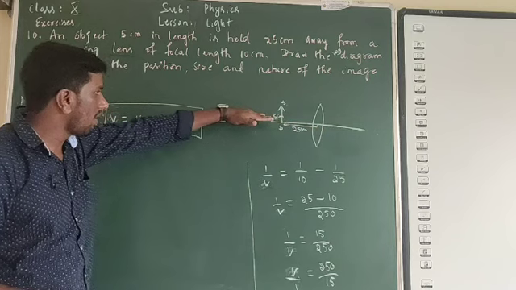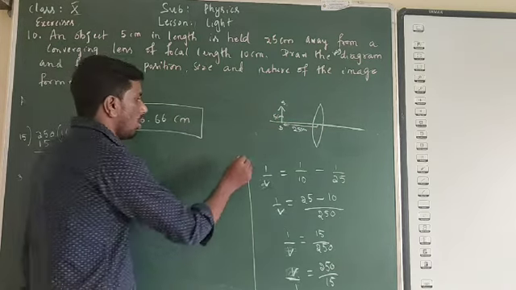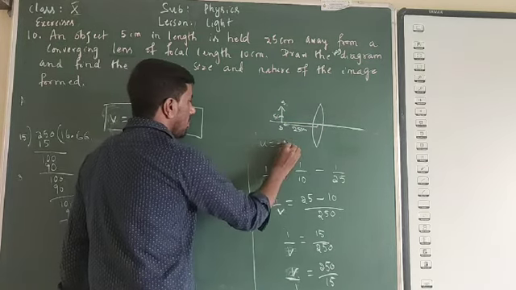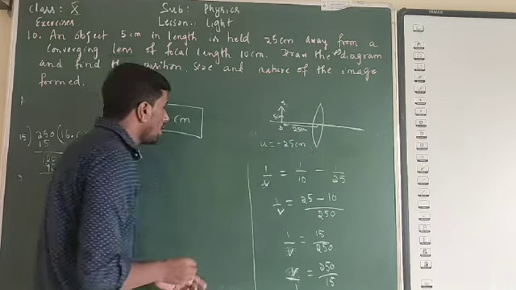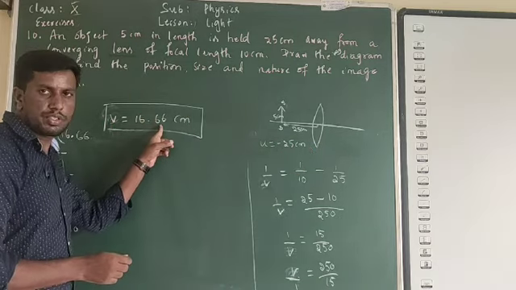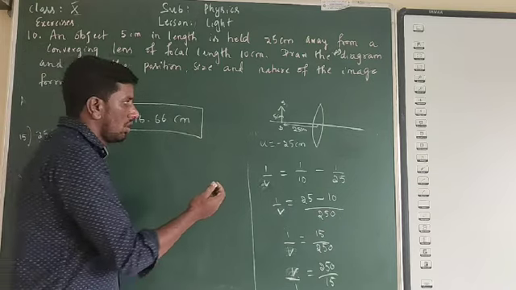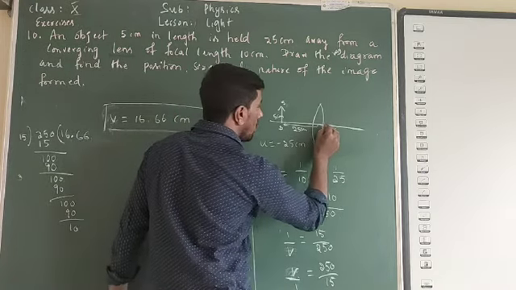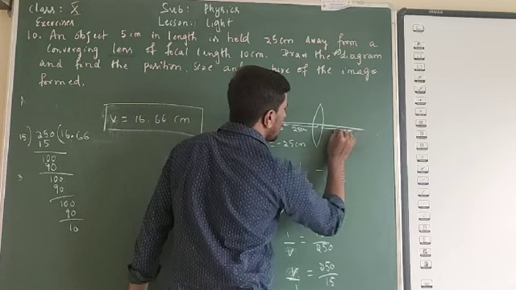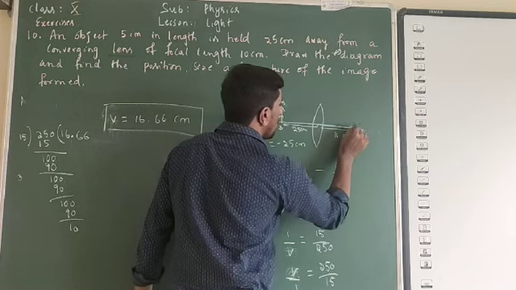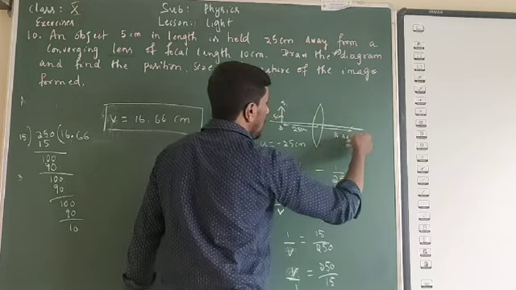It is on the negative x-axis. That is object distance u is equal to minus 25 centimeter. But we are getting 16.66, that is a positive value. So that means where will be the image? If it is a positive value, then it has to be on this side. Somewhere else will be the image.